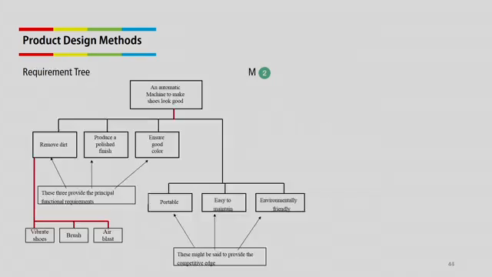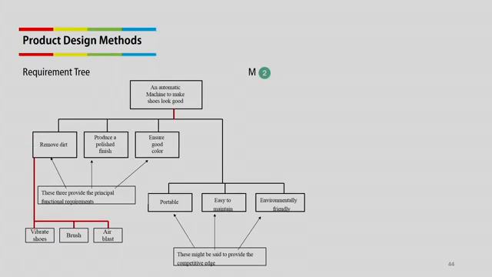So, like this. Next method is requirement tree, where a bigger function is broken into smaller functions. For example, you have a product vision where you have to design an automatic machine to make shoes look good. So, now you have to break this particular function into sub functions.